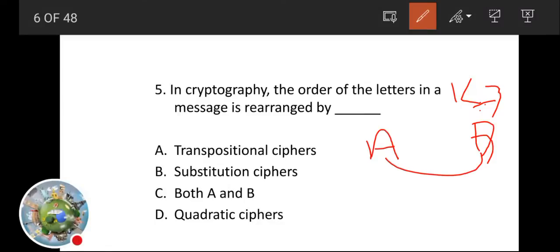That is what the question says: the order of letters in the message is rearranged, so the letters are moving to different positions. Then what is it called? A is the correct answer, transpositional cipher. Moving the letter from one position to another position is called a transpositional cipher.